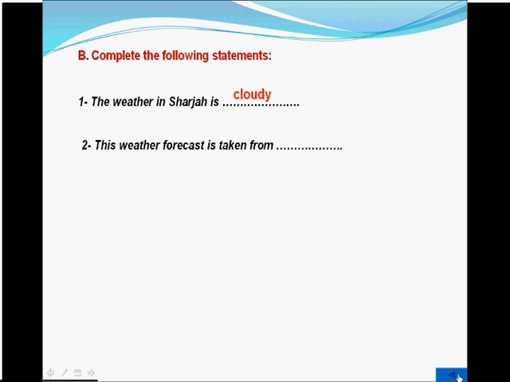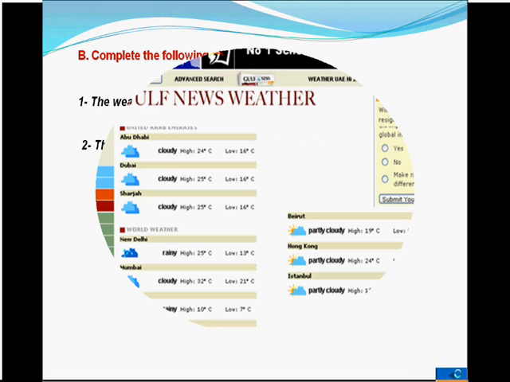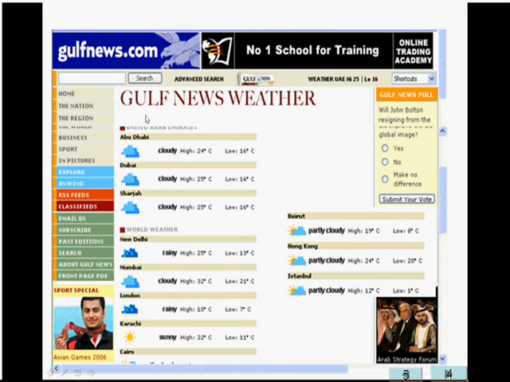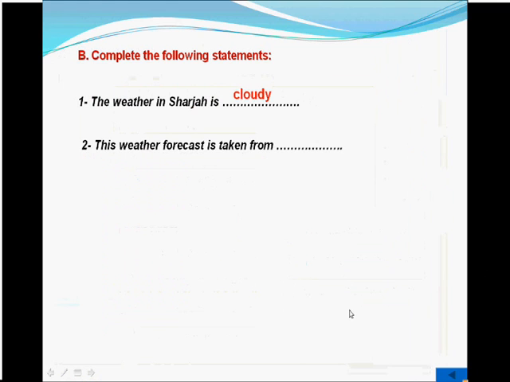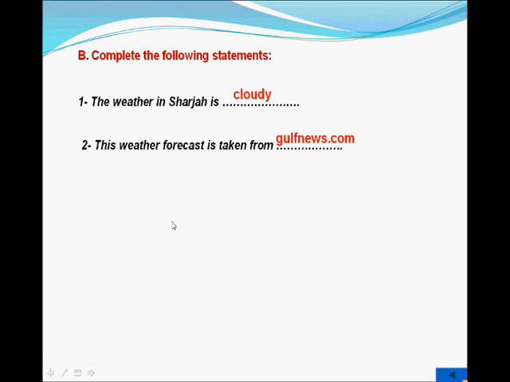So we call that forecast. Let's go back to the text. Scan the passage. Where did I find this weather forecast? Very good. It's there on top of the page. So it's taken from gulfnews.com.